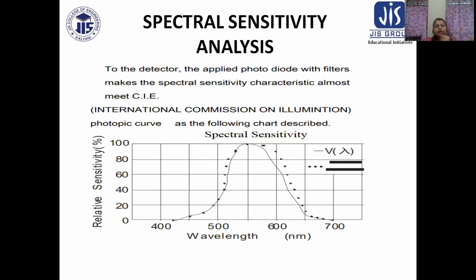These cone cells are applicable only for photopic vision, that means color vision. So in this spectral sensitivity analysis of the lux meter, we can see the photopic curve, which ranges from 400 to 700 nanometer. The peak sensitivity is at approximately 555 nanometer.